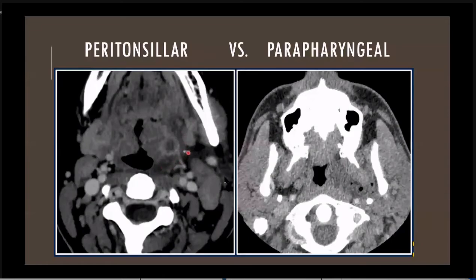The parapharyngeal fat, which is posterolateral to it, is completely spared. In contrast, in this patient, there is infection of the parapharyngeal space, which is lateral to the pharyngeal constrictor muscle, filling up the entire parapharyngeal fat space. It is always helpful to compare it with the normal contralateral side.